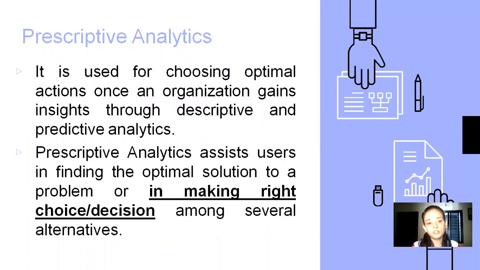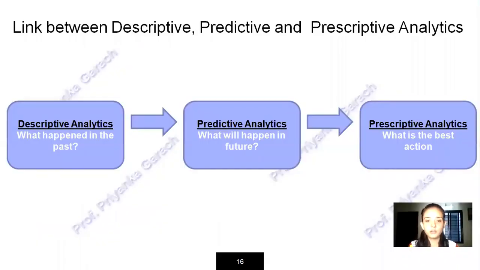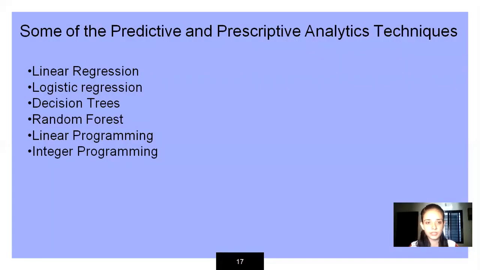Then which will be your optimal solution? Optimal solution means your best solution. So which will be the best, right choice and decision from the several alternatives? This is the task of prescriptive analytics, that is, to decide the right path. So this is the difference between descriptive, predictive, and prescriptive.